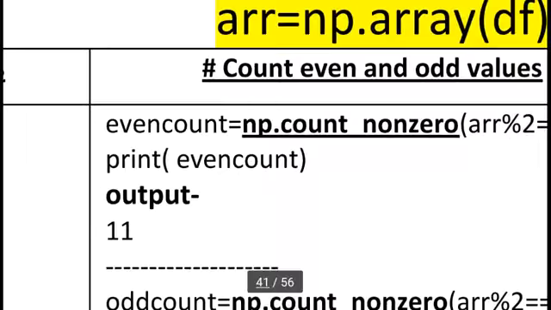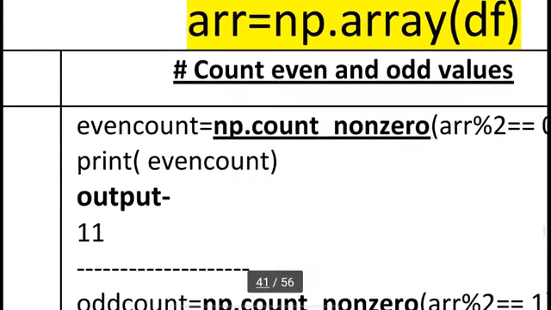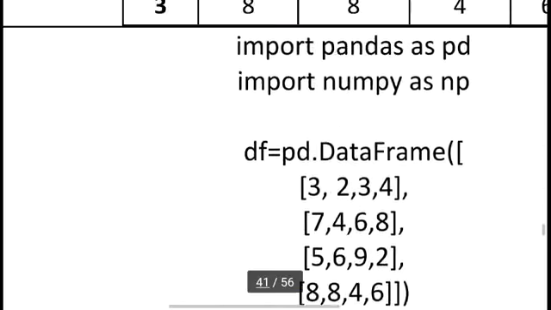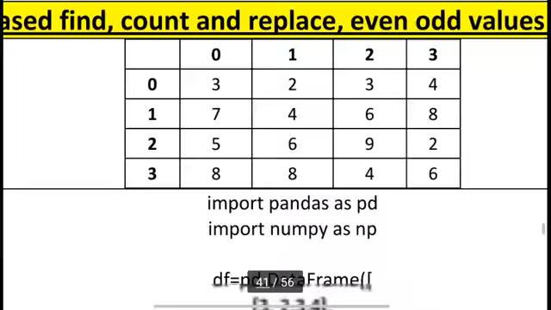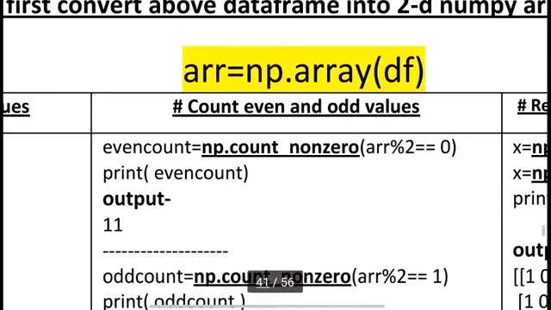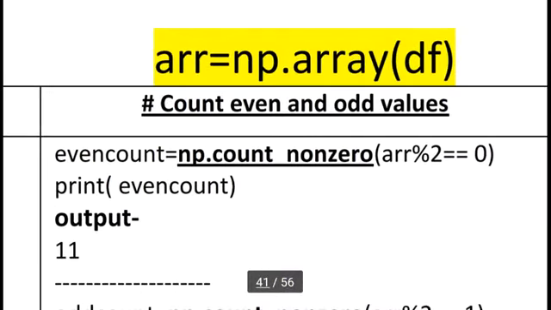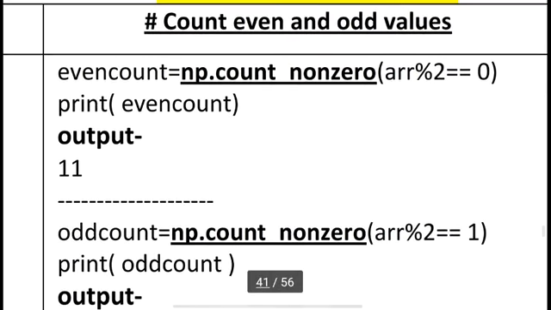Okay, here I want to count even values and odd values in this data frame: how many even, how many odd. So I am using even count equal to np.count_nonzero with mod 2 equal to 0. You can see total 11 even values.